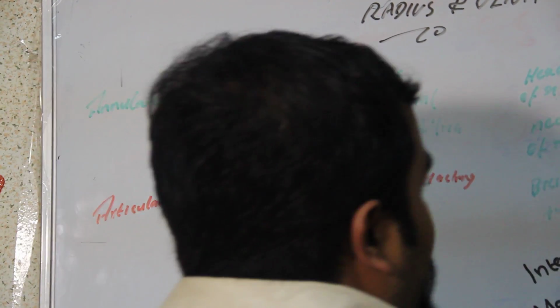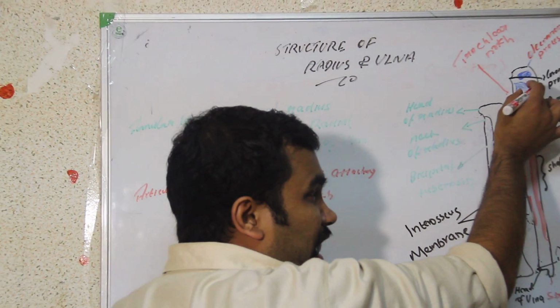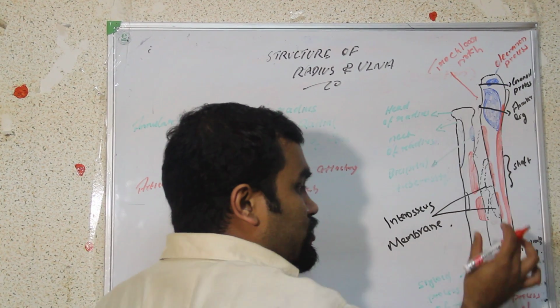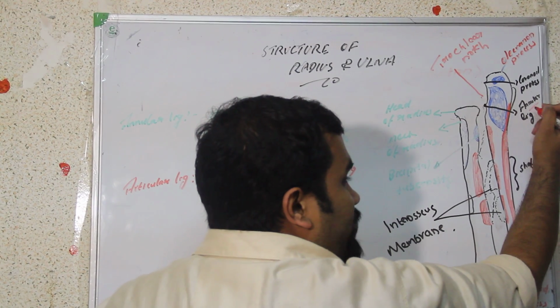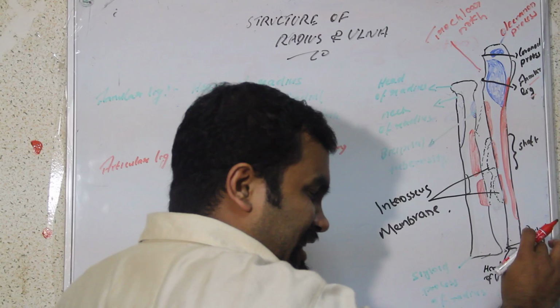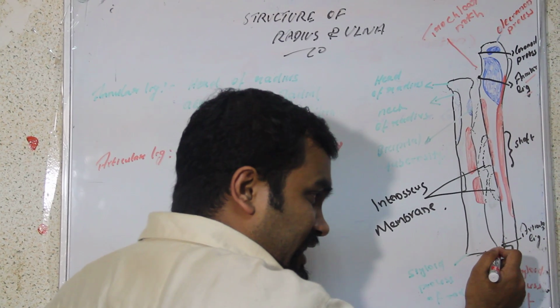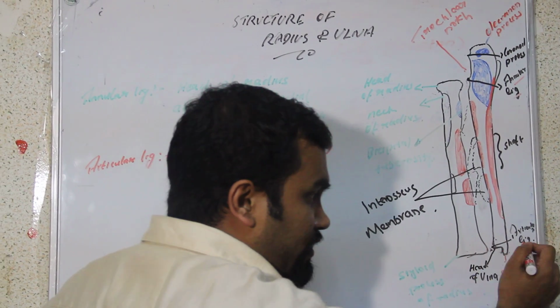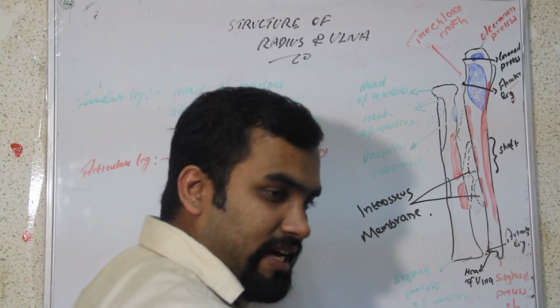See here, the head of the radius is attached to the radial notch of the ulna, so they form a ligament known as the annular ligament. Now the head of the ulna is attached to the ulnar notch of the radius bone, forming a ligament known as the articular ligament.